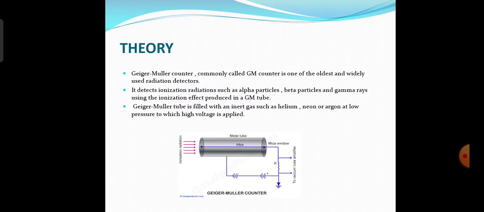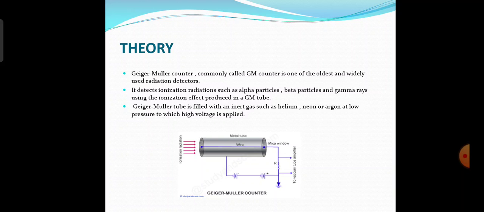The output pulse is independent of the energy brought by the incident radiation and the pulse height remains the same irrespective of the energy of radiation, and therefore the GM counter can be used to detect the presence of radiation but not the type of radiation. That is, we can only detect the presence of radiation given to the GM counter, not the type of radiation.